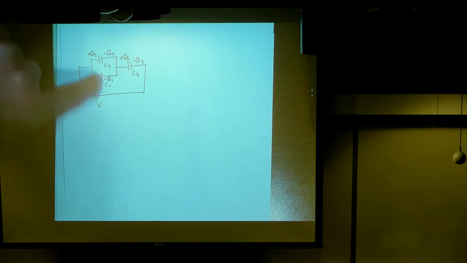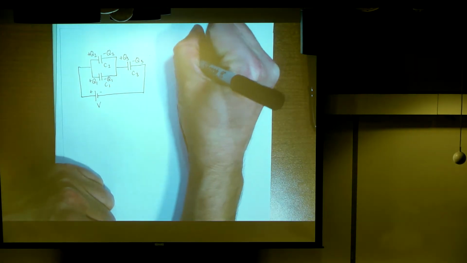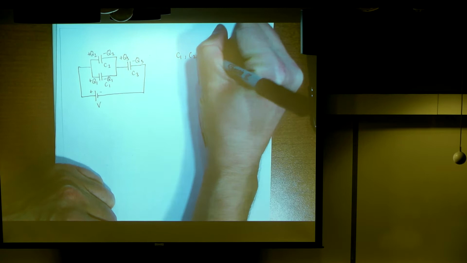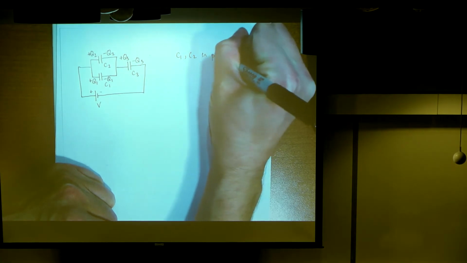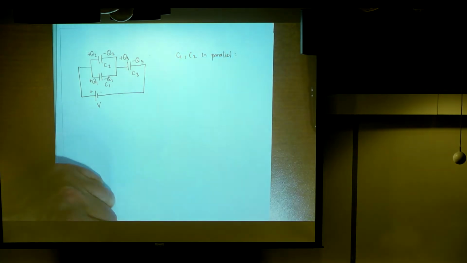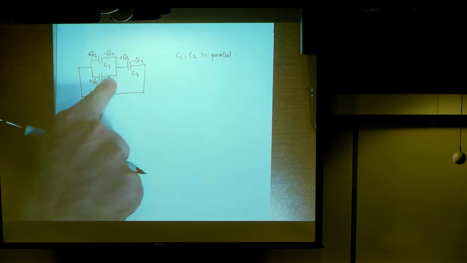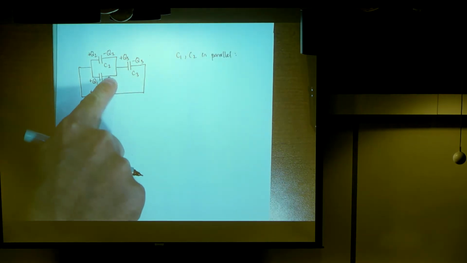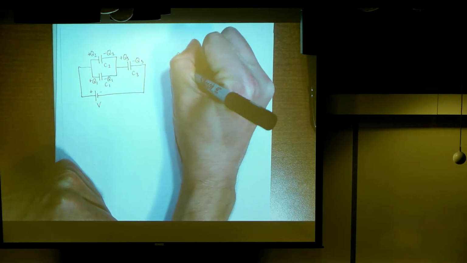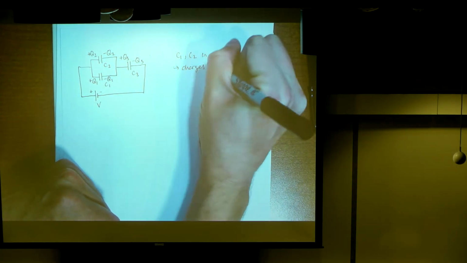So as we can see here, C1, C2 are in parallel, right? So flip back to your notes. What can we say about capacitors that are in parallel as far as the charges go? Okay, so the charges add together when we have capacitors in parallel. So charges add. Okay?